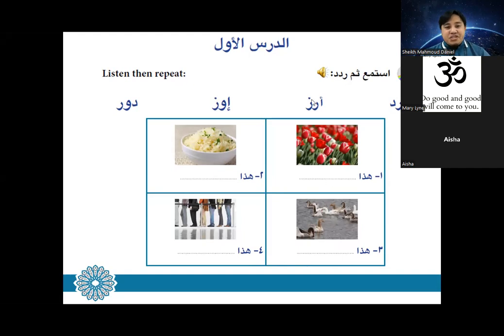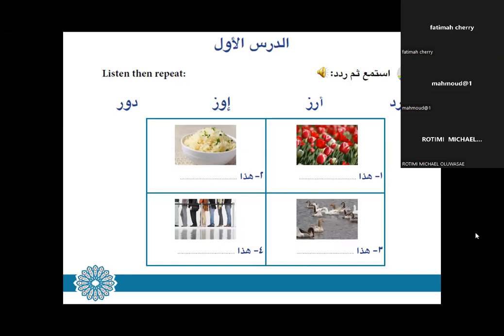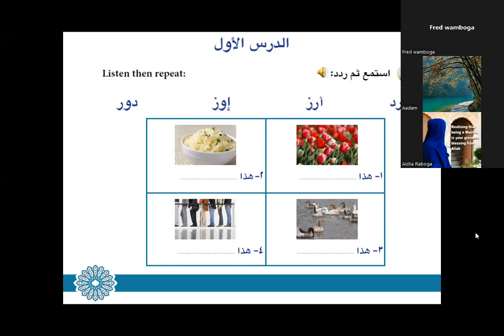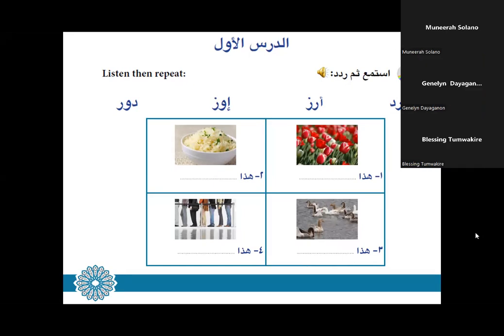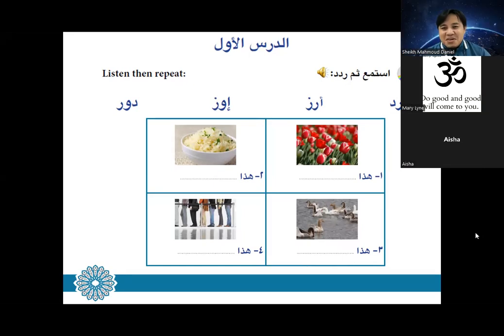Which of the 4 words that we are going to place here? Anyone can say? I just want to hear, especially if you have the brothers join us. Do you have brothers? There's no brother? Okay, anyone from the sisters? What word will be here in the first picture?